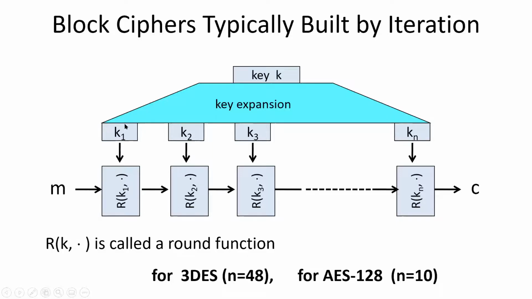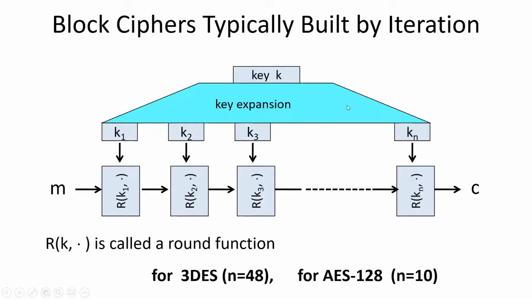And the round functions use these round keys successively. So the first round function uses the first key and processes M. This is its output. And then it feeds to the second round function with the key K2, and so on and so forth. The decryption reverses this process.